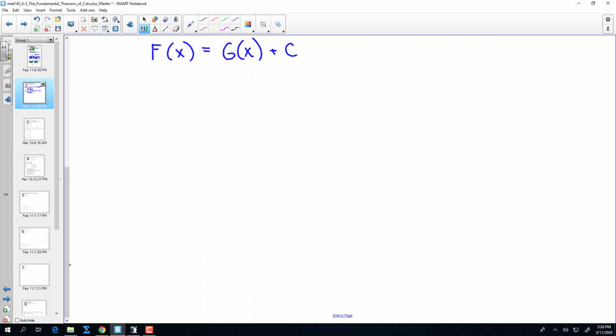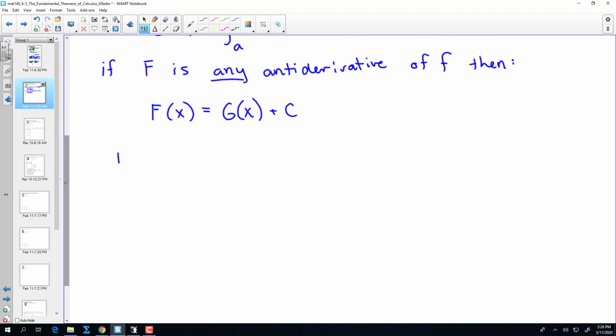Now, if I looked at g evaluated at the upper endpoint minus g evaluated at the lower endpoint.